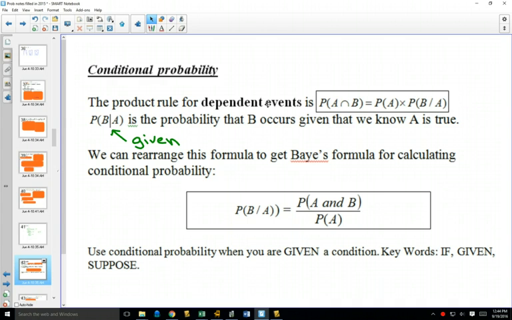And we'll look at a number of examples that have this. So conditional probability is when you're given a condition. And what it does is it reduces the size of the sample space, because you know some information.